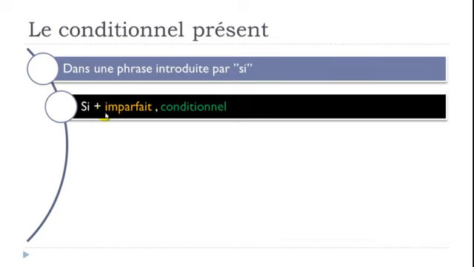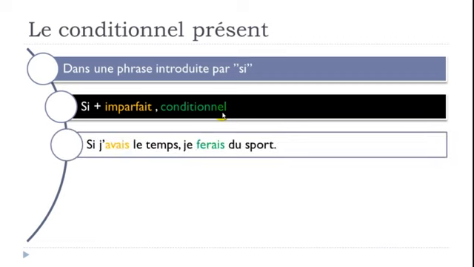We didn't see this form yet. It will come in the next unit, sorry. So no stress about that. It's just an example, but it's just for you to know that if you want to construct this if structure, then it should be followed by imparfait. Then comes le conditionnel.